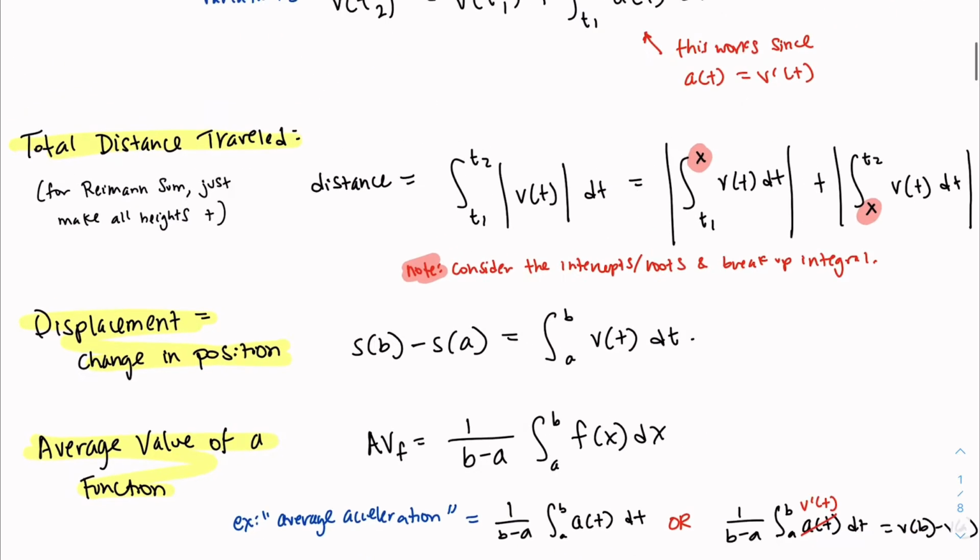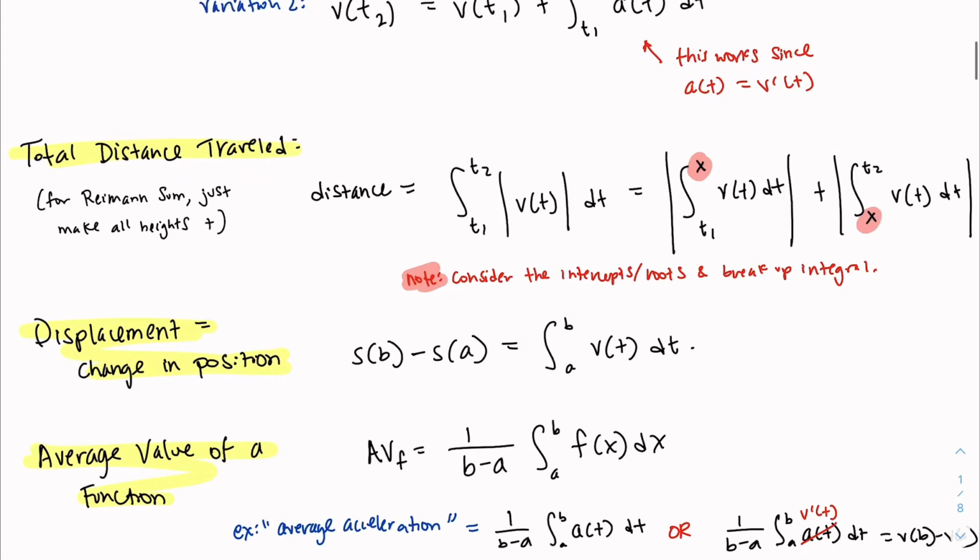Just three more really important definitions, which are total distance traveled. When we want total distance traveled, that's when we will use the absolute value, because we don't want negative distances and positive distances to cancel each other out. We want to know the whole distance, no matter which way we're traveling.